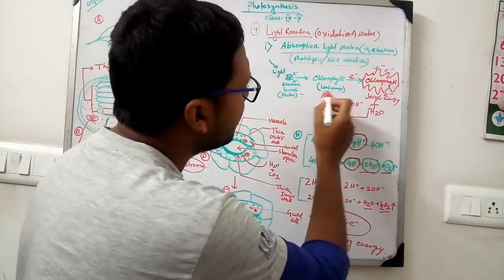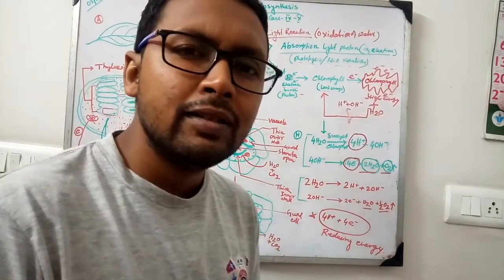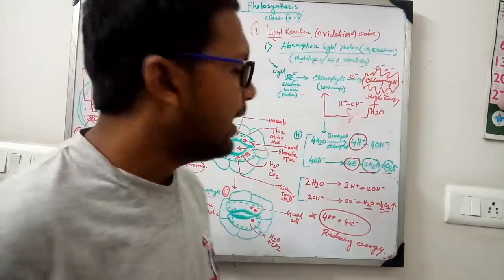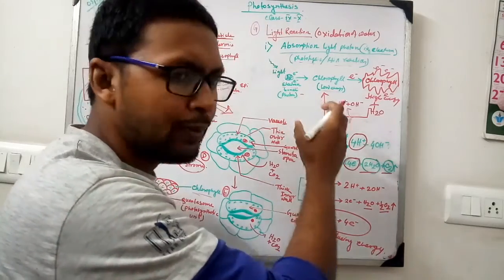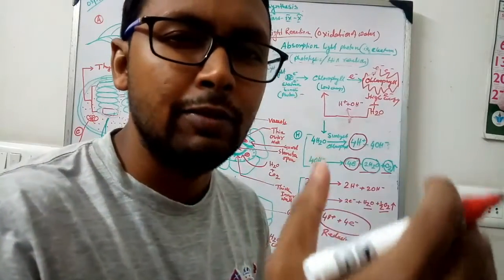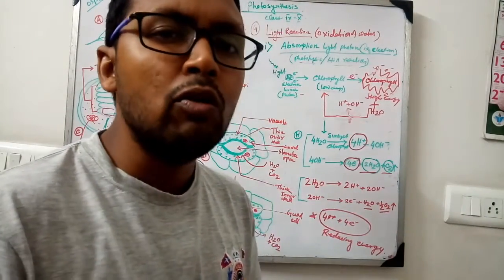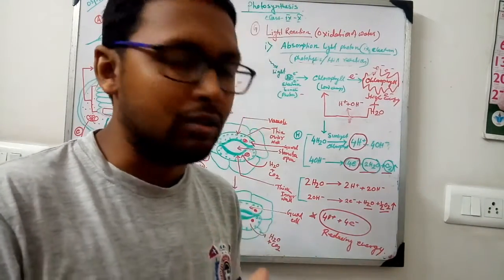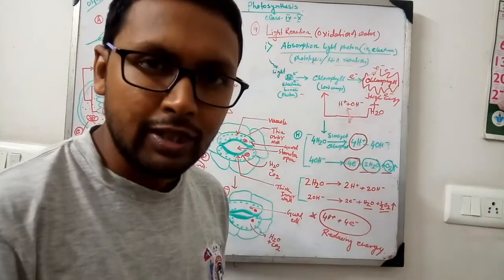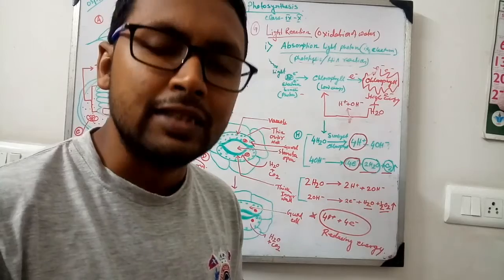So from a low energy level, it's normally in a dark condition, the low energy level, no light reaction occurs, and when light falls on the chlorophyll, it will be activated and go to the higher energy level with high electrons. Now what will it do with its extra electrons taken from the sunlight?